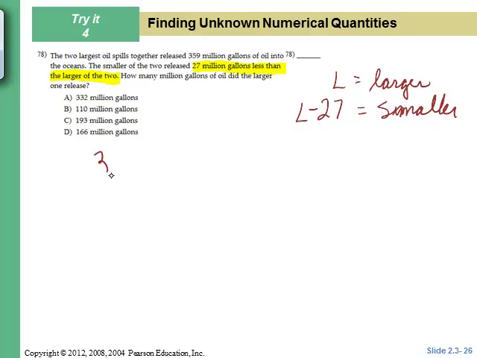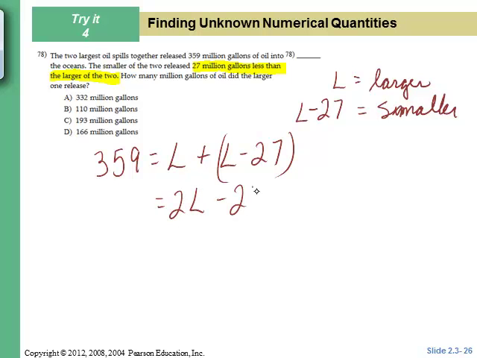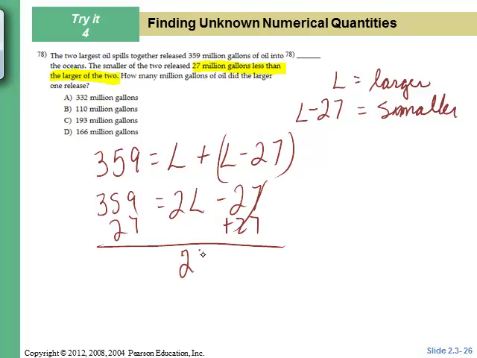So if we take those two and add them together, we're going to get 359. 359 is the larger plus the larger minus 27, or twice the larger minus 27. Add 27 to both sides. Twice the larger is 386. Divide both sides by 2.